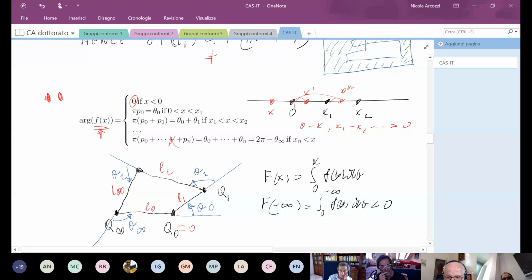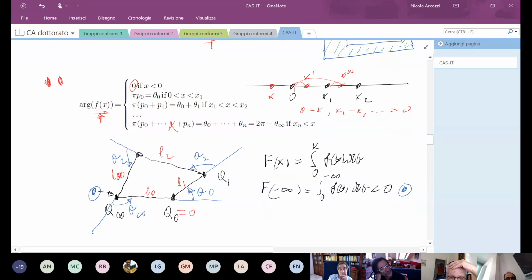Then as x goes to 0, the point moves in this direction towards q0, and then I make a jump, as I said before in the argument, this external angle, and then I keep going like this, and then a miracle happens: the last step goes back here. Why? Well, because the map was continuous. We said it before.